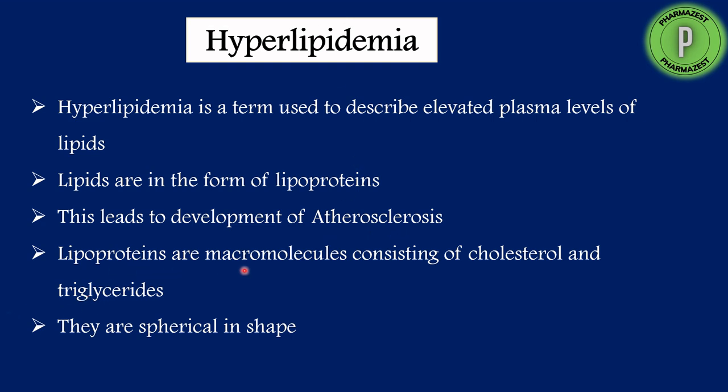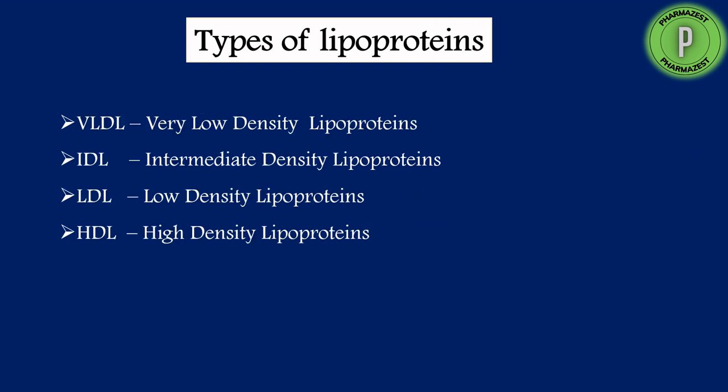So these lipoproteins are macromolecules which consist of cholesterol and triglycerides. They are generally spherical in shape. And these lipoproteins are classified into 4 different types. The first one is very low density lipoproteins, that is VLDL, and then intermediate density lipoproteins, then low density lipoproteins and high density lipoproteins.